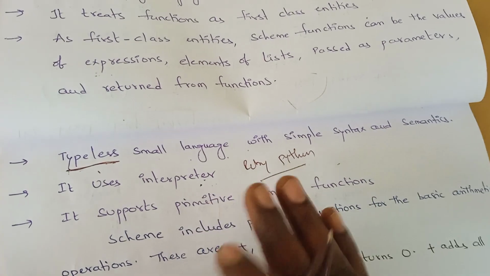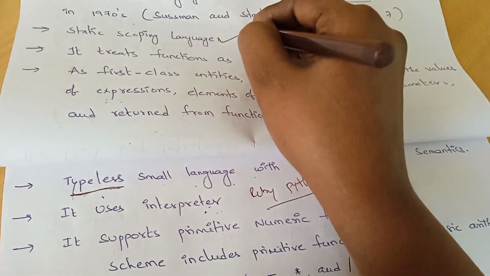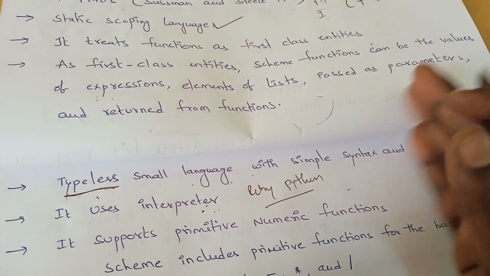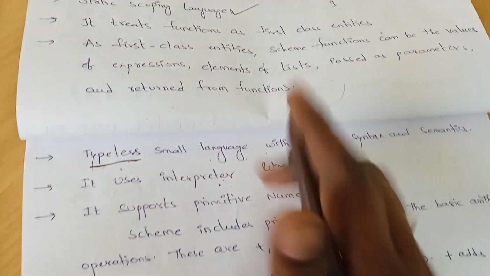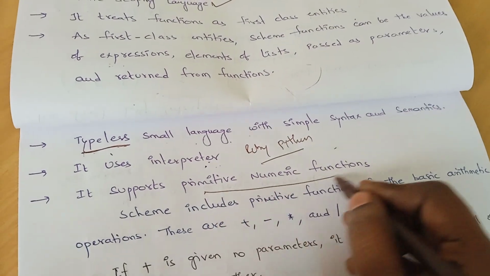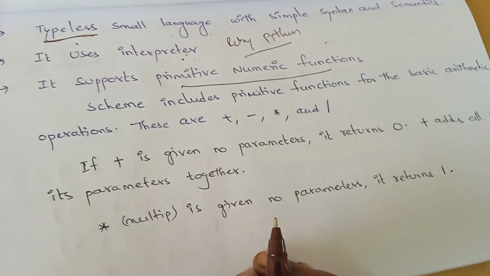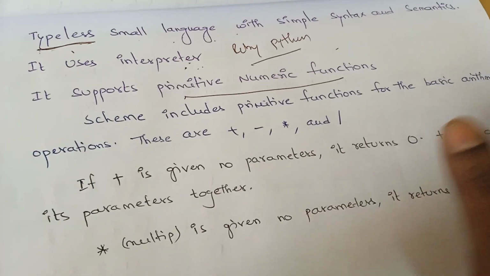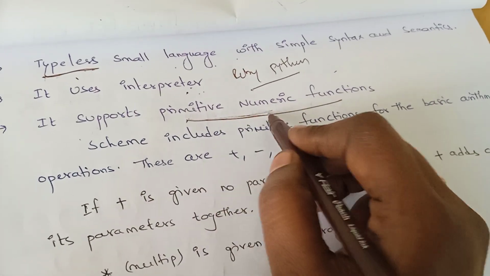And what are the other different features? The second different feature from Lisp: Scheme supports primitive numeric functions, and somewhere I might have written that as predicate. When the time comes we'll see. As of now it supports primitive numeric functions.